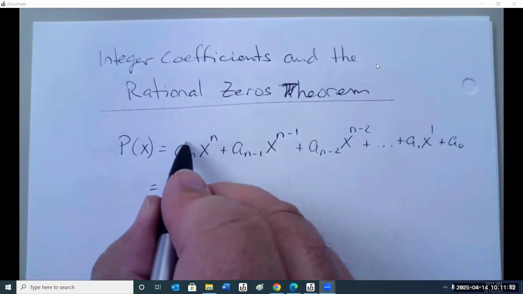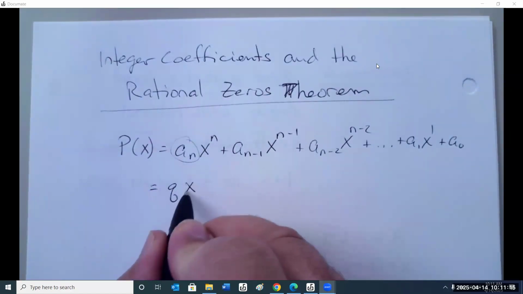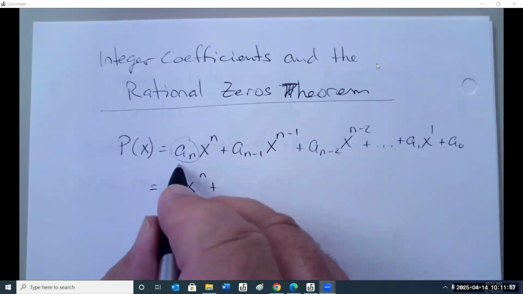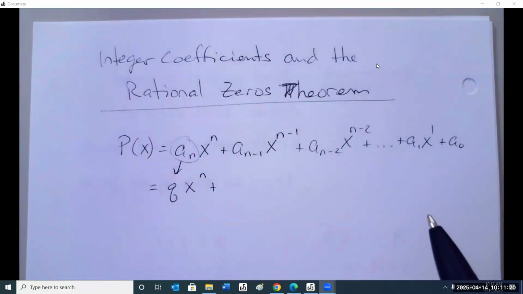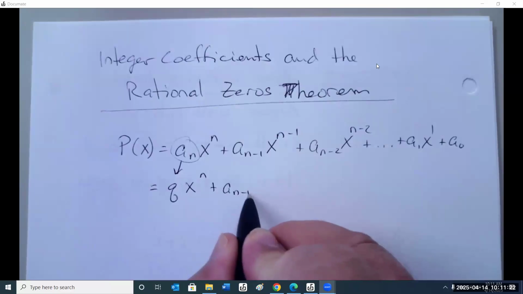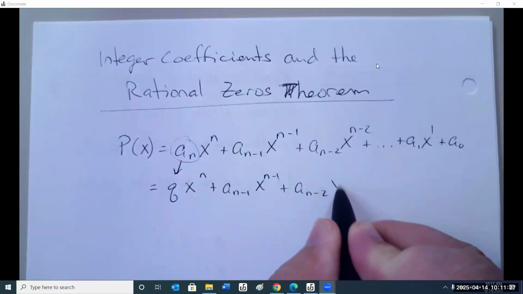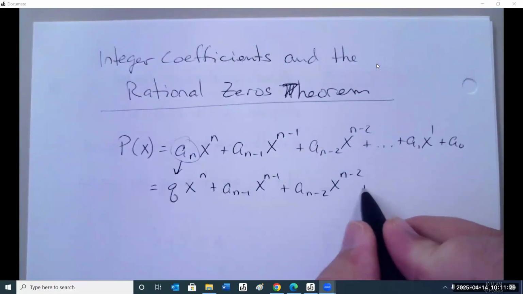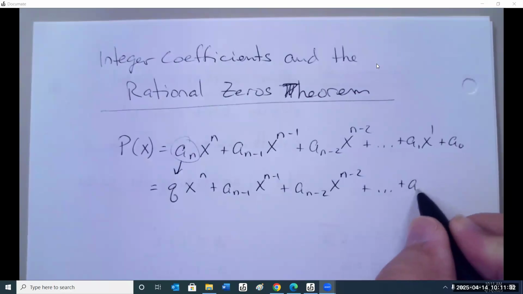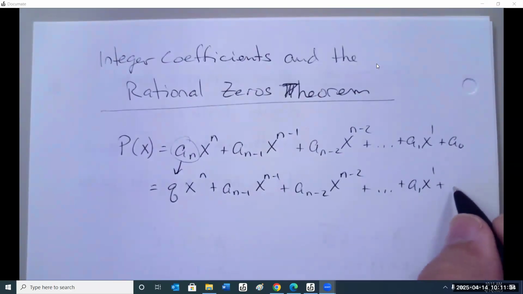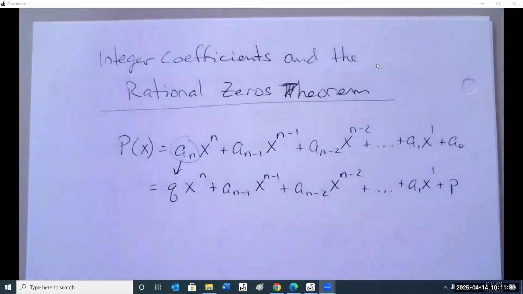For these examples, we'll call the a sub n, the leading coefficient, we'll call that q. And we will call the last one p. So the leading coefficient is a sub n, and the trailing coefficient is p.